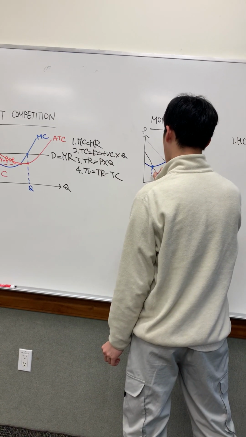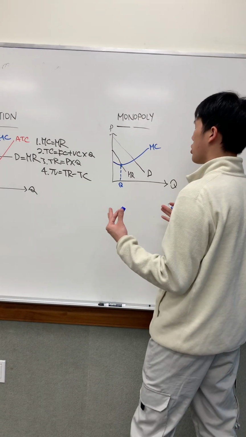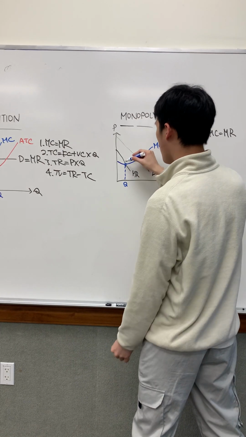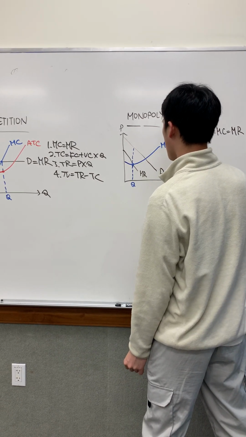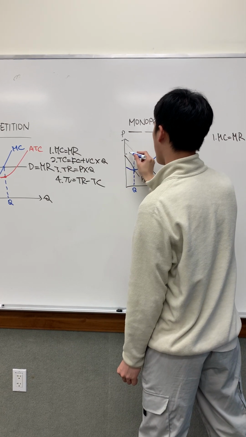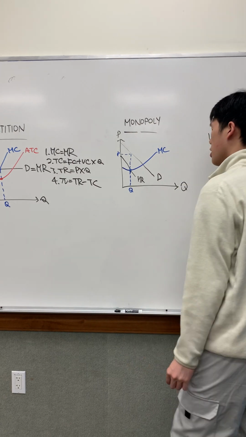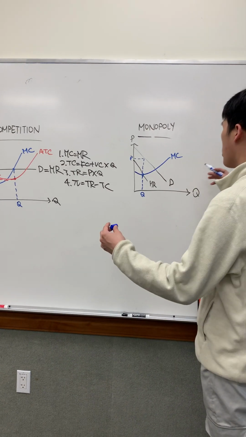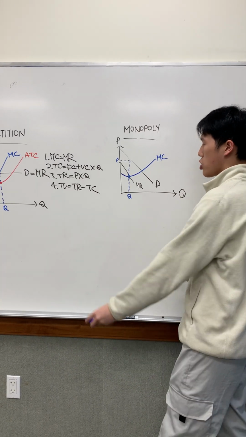If we go down, we find out how much quantity we produce in order to maximize profit. Meanwhile, we can also go up until we meet the demand curve, and you find out the price that you should set. So basically we find the price, quantity and profit maximization level.